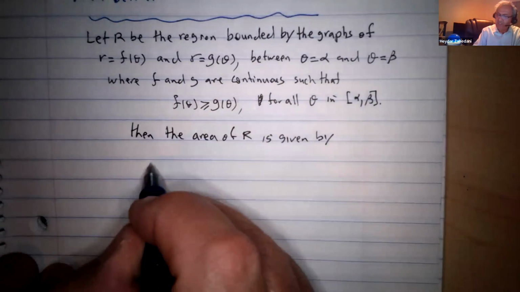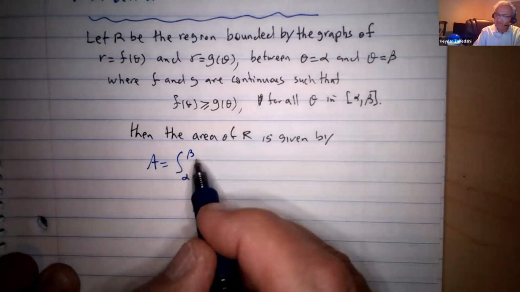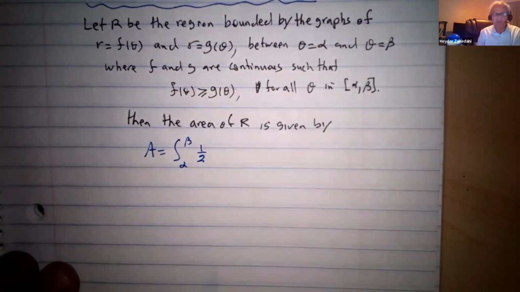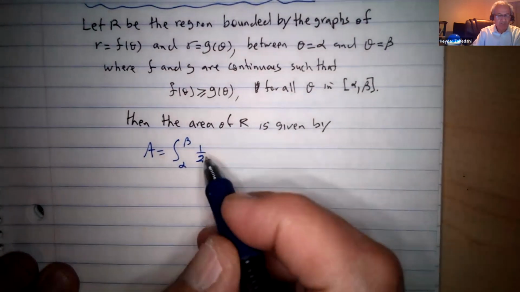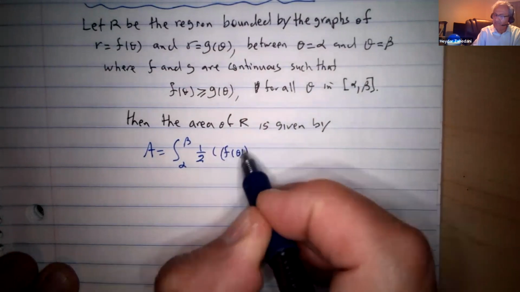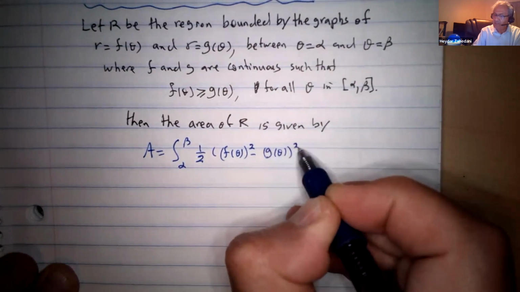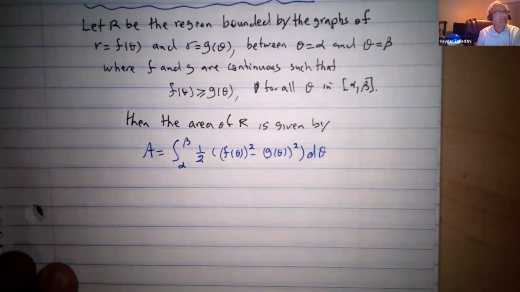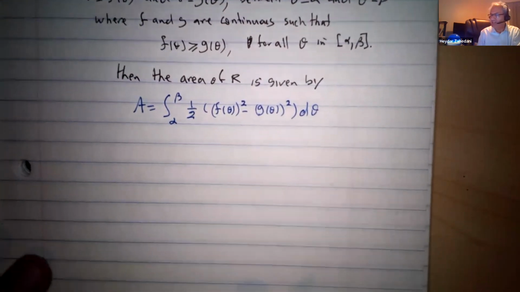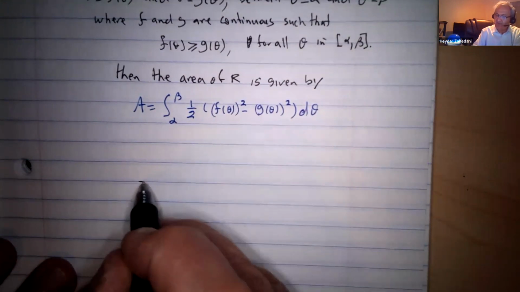So this time the area is the integral from alpha to beta of 1/2 times f of theta squared, the top one, minus g of theta squared, d theta. That's it. Basically you find the area of each curve first and then you subtract it.